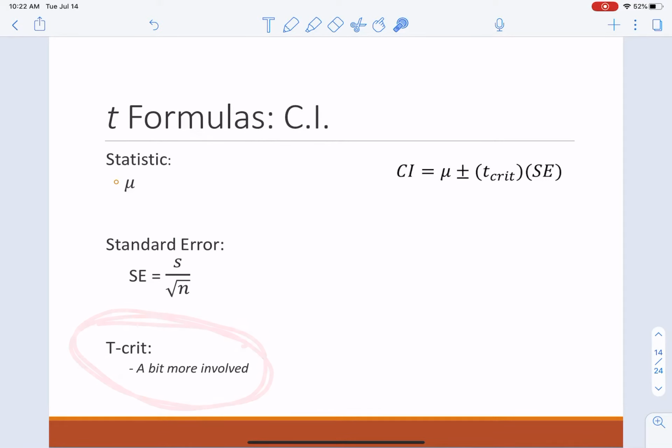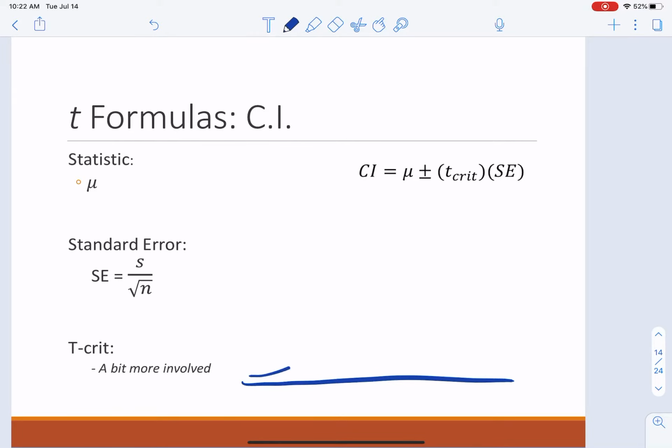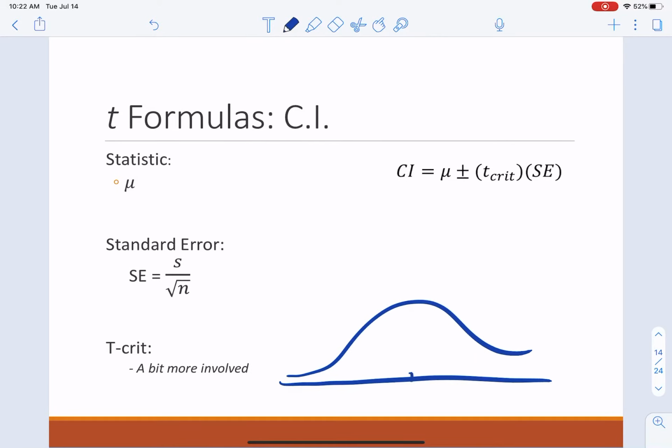In the last videos, last week, we were working with that idea of a z-distribution, right? Which always has a mean of 0 and always has a standard deviation of 1. Always. So those values I gave you for a 95%, that critical value was 1.96. Well, that's because that stays the same, always, because the z-distribution is never changing.